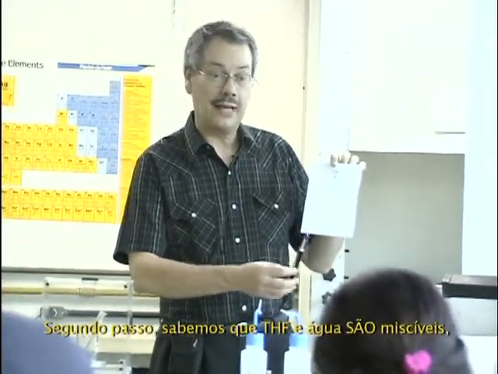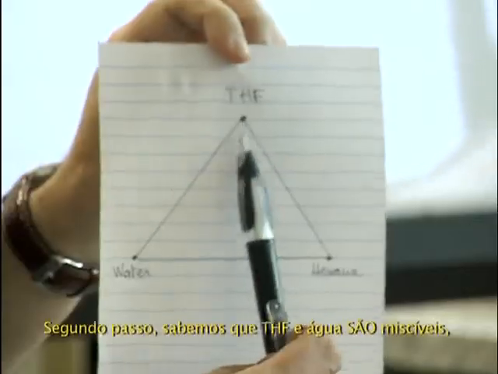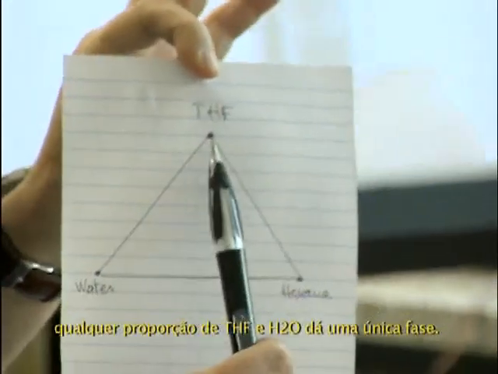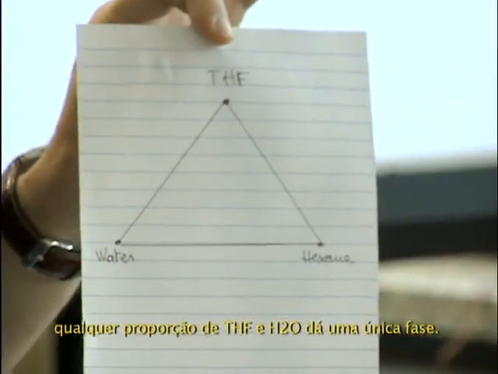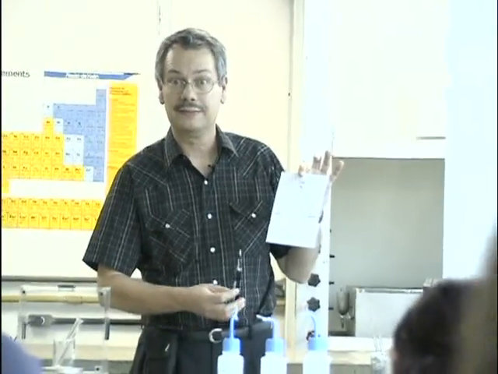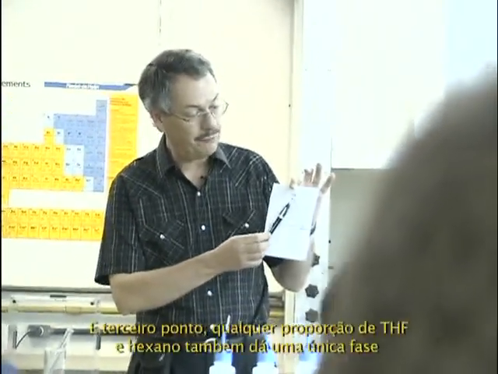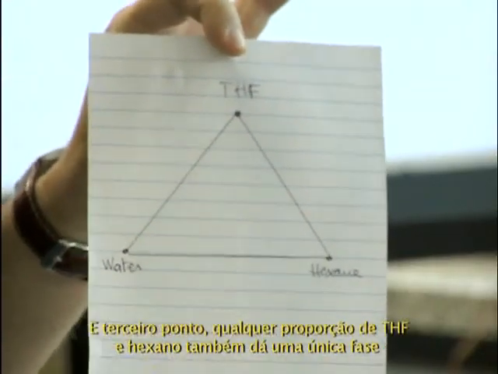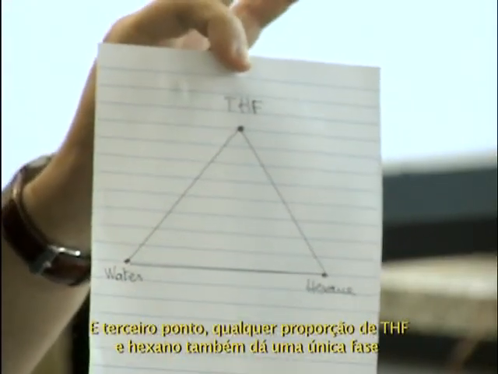It's sure. Okay? Second step, we know that THF and water are miscible. Any proportion of THF and water gives a single phase. That's the second point. And third point, any proportion of THF and hexane also gives a single phase.